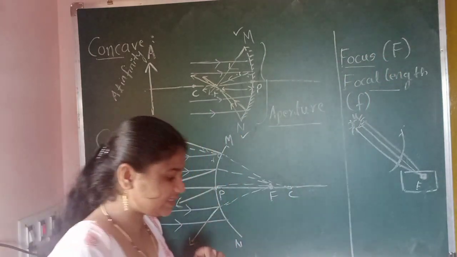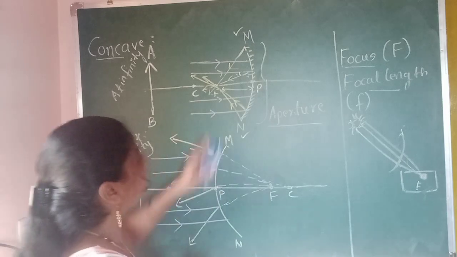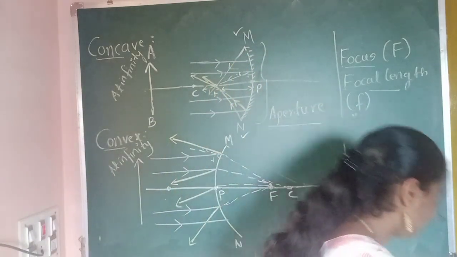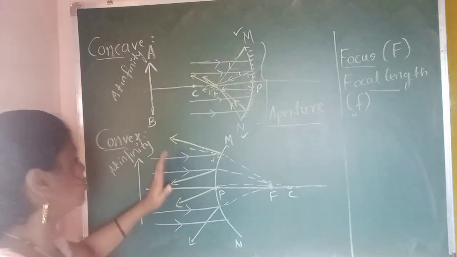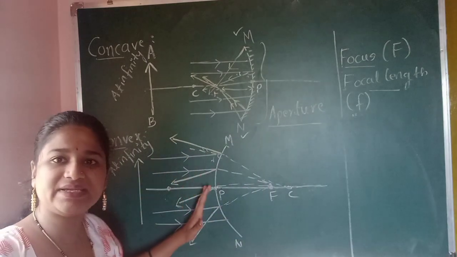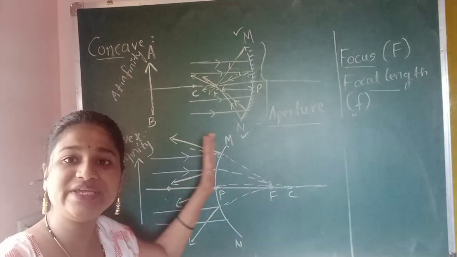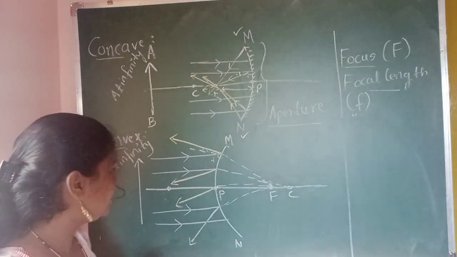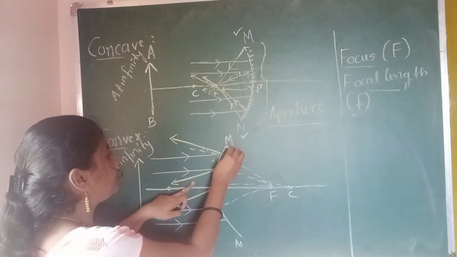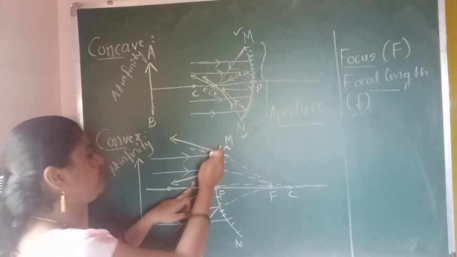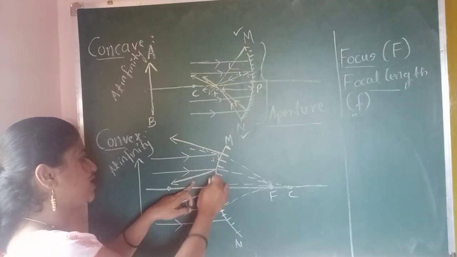Okay, so let us see what happens when the same light rays are passed through the convex mirror. This is a ray diagram showing the light rays falling on the convex mirror. Here, the reflecting surface is bent outside, this side.